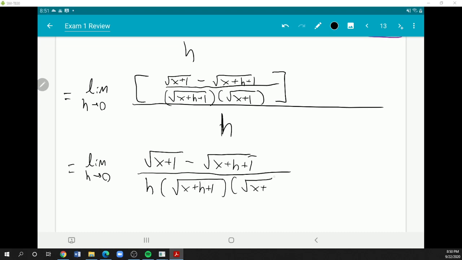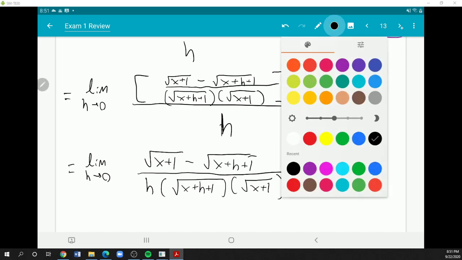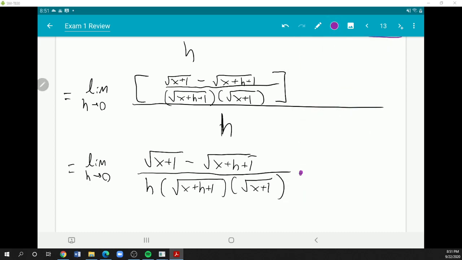It's good skills to be able to deal with fractions. But now this is the new limit we're trying to solve. And how do we fix this limit? Now we multiply by the conjugate. So root x plus 1 plus root x plus h plus 1 over root x plus 1 plus root x plus h plus 1.